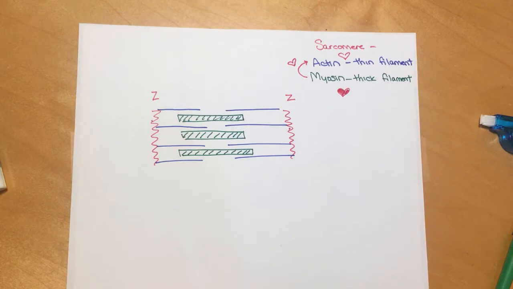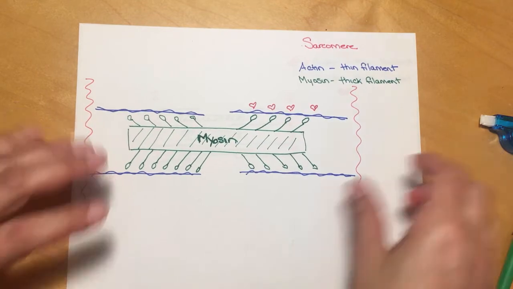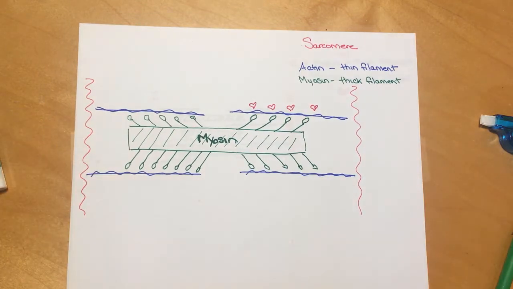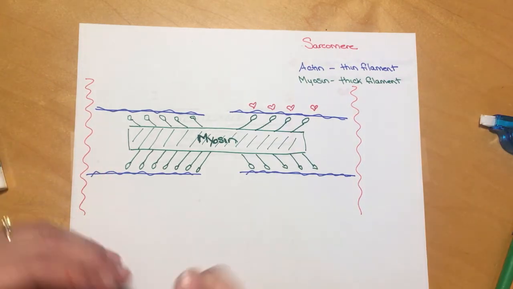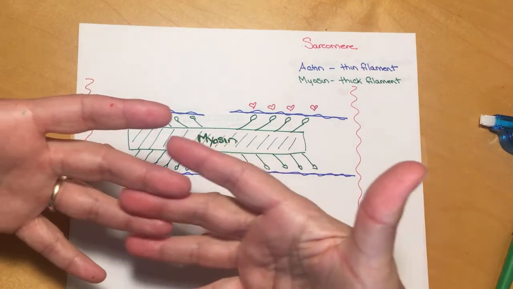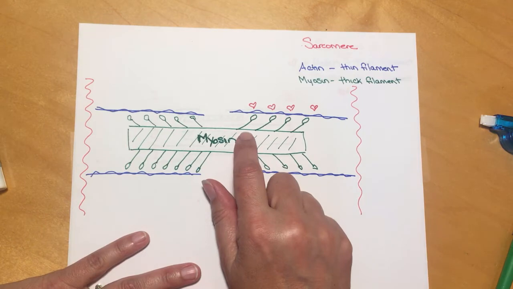In fact, myosin loves actin so much that whenever it can, it's going to grab onto actin because she's pretty and she's fun and she's really cool to be with. And it's going to grab onto actin and pull her. And that's going to cause these sliding filaments to go past each other.